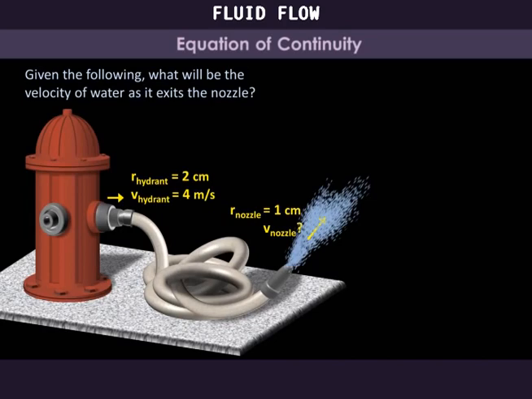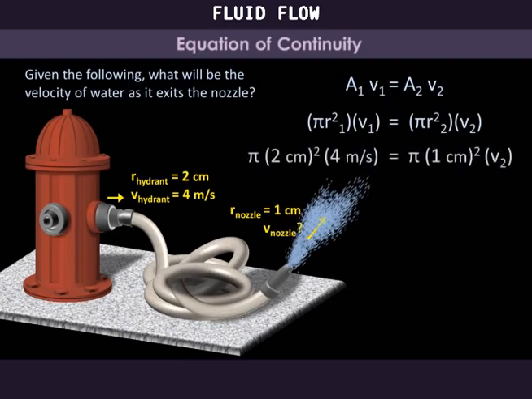The continuity equation: A1V1 is equal to A2V2. Area is given by pi r squared. And so, pi r1 squared V1 is equal to pi r2 squared times V2. Substituting the values, the pi's cancel out. 2 centimeters squared times 4 meters per second is equal to 1 centimeter squared times V2.